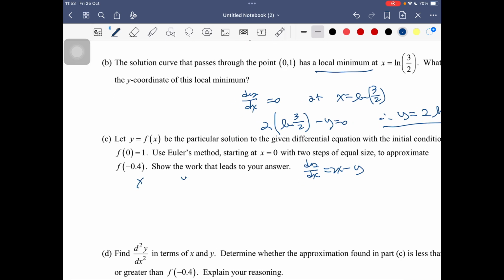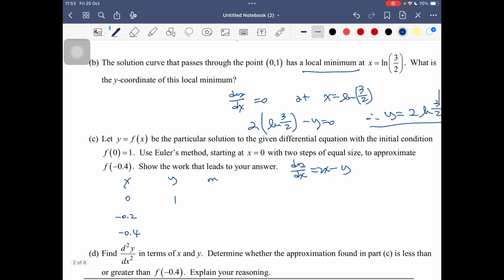So x, y, let me find the slope too. 0, 1, negative 0.2, negative 0.4. The first slope was negative 1. So the step length is 0.2, but it's decreasing, so we need to make it negative 0.2 plus 1.